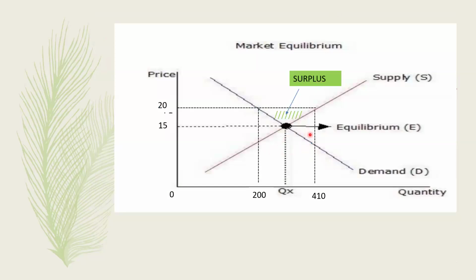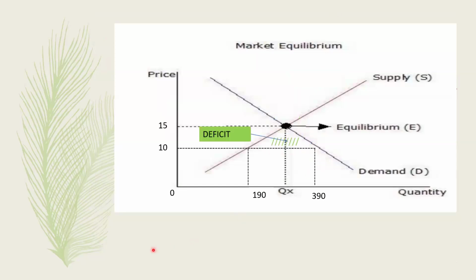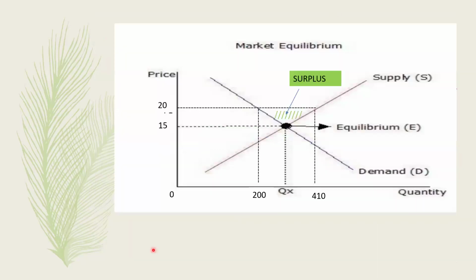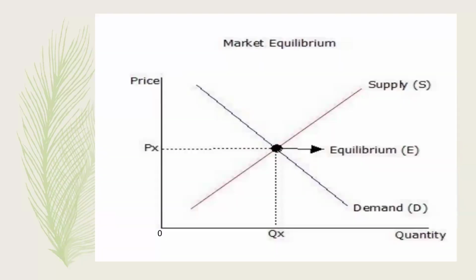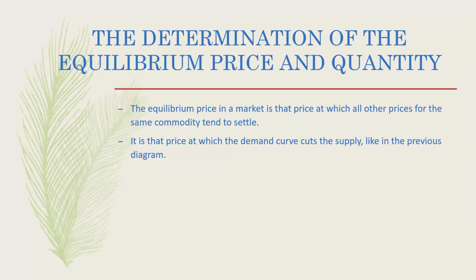But look at this diagram here, you guys. We may not always achieve equilibrium in the market. So for instance, let's say prices are above the equilibrium price, or let's just say prices are below the equilibrium price.